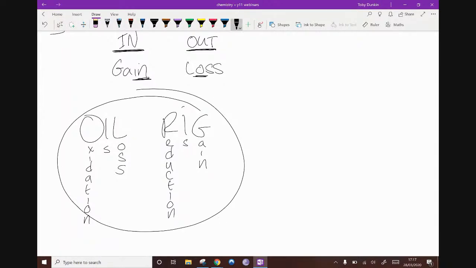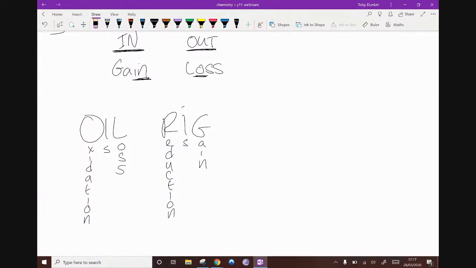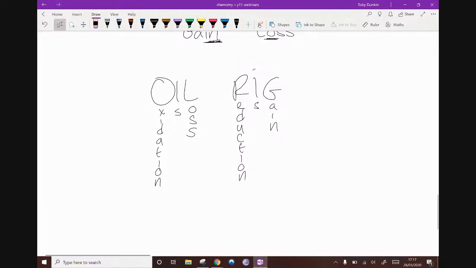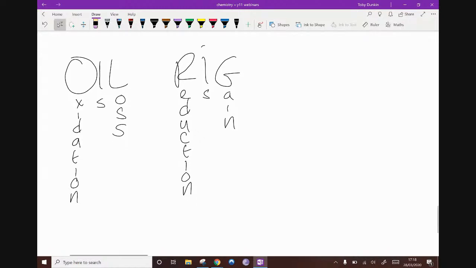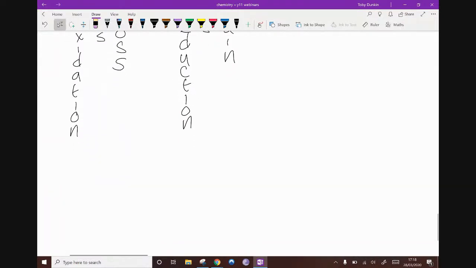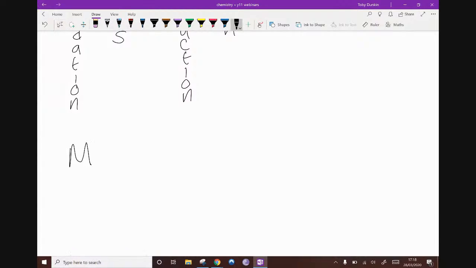You said to me that you're going to be doing A-level chemistry. That there is incomplete for A-level. We love, yep, heard of OIL RIG. OIL RIG is an amazingly useful tool. But I invented a picture of this that helps with A-level, because in electrolysis and oxidation and reduction reactions, we're usually talking about metals.